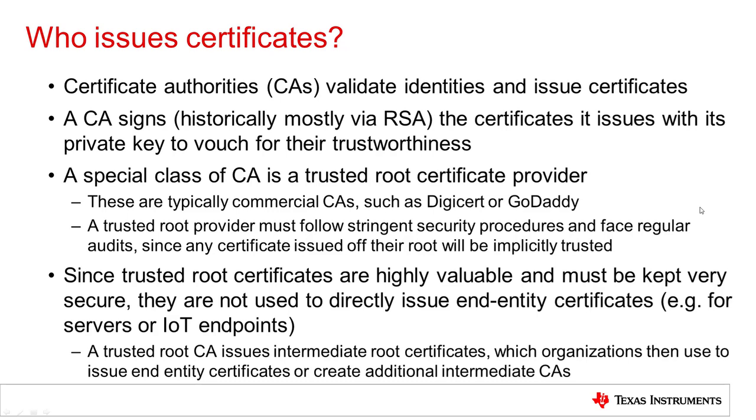The CA signs the certificate it issues with its own private key, and that acts as proof that they can be trusted. Any organization can be a certificate authority, but ultimately they must possess a certificate that was signed by a special class of CA known as a root certificate provider.